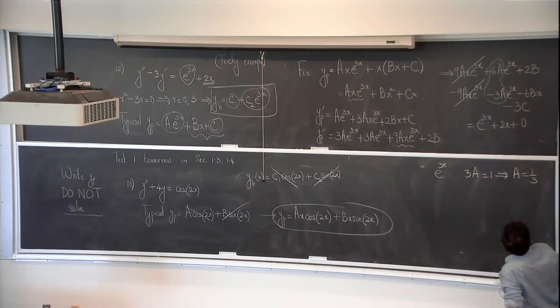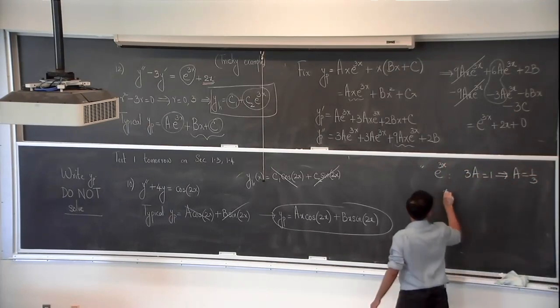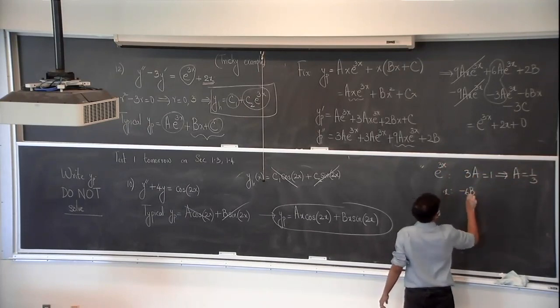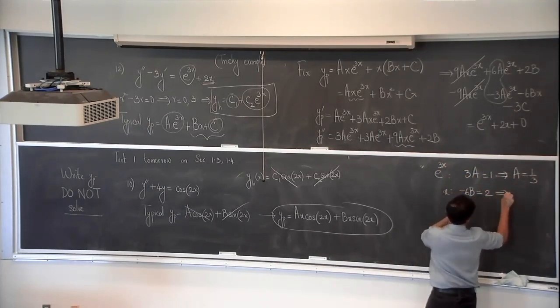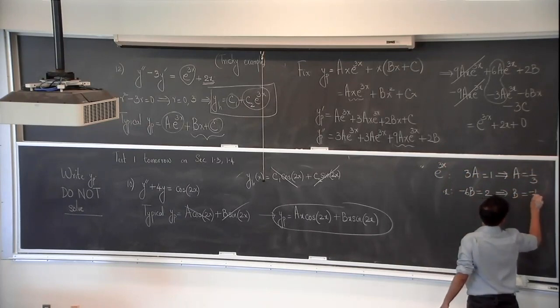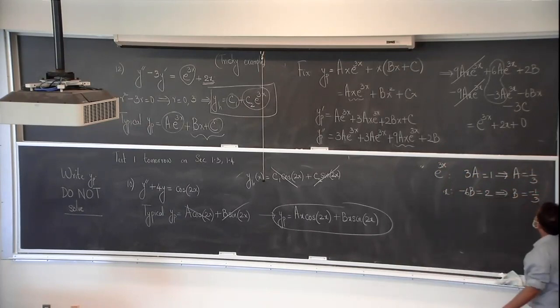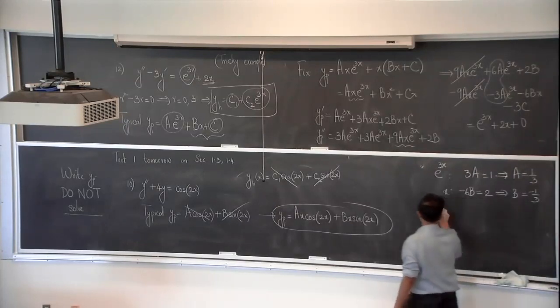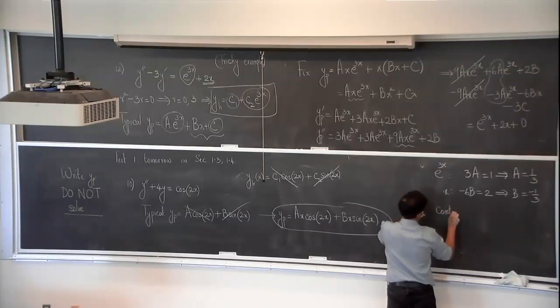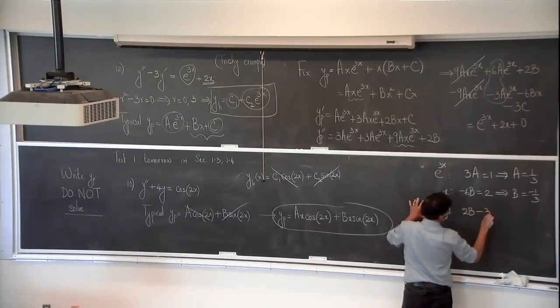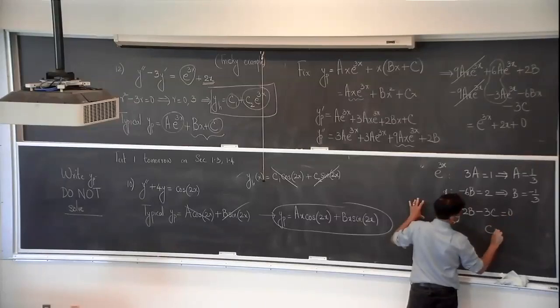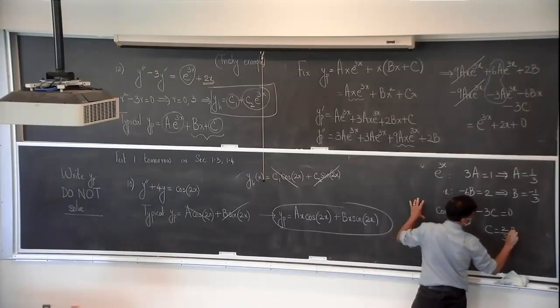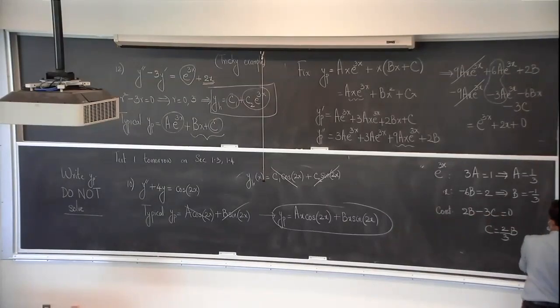The coefficient of x would be negative 6b equal to 2, so b is negative 1/3. And the constant term would be 2b minus 3c equal to 0. So c is 2/3 b, which is negative 2/9.